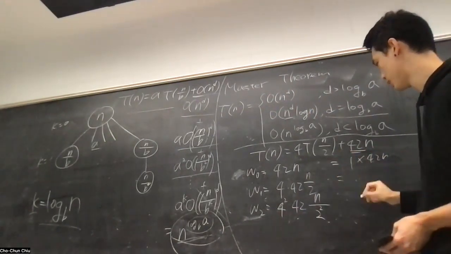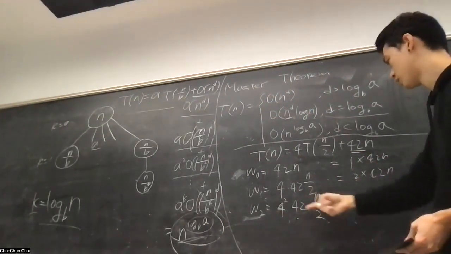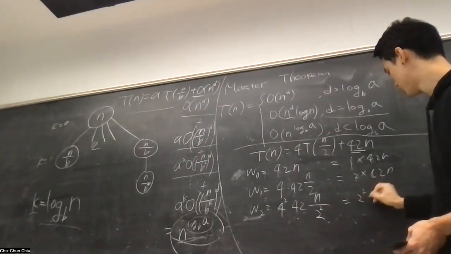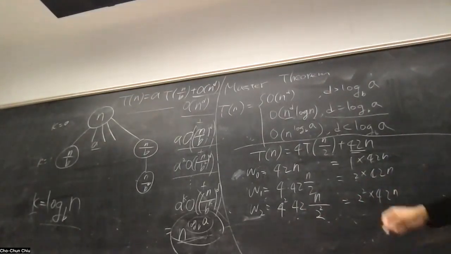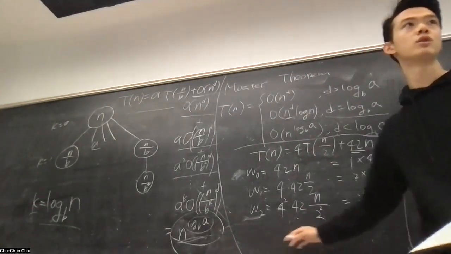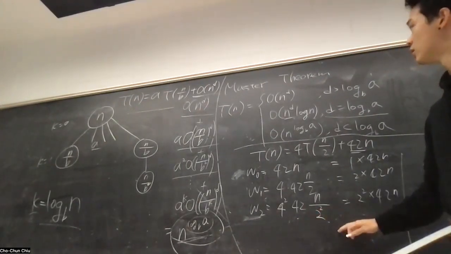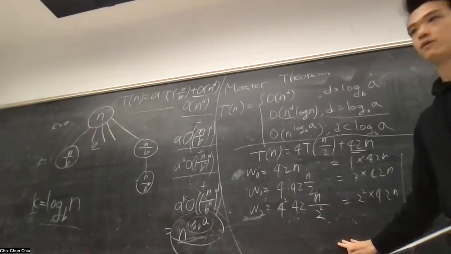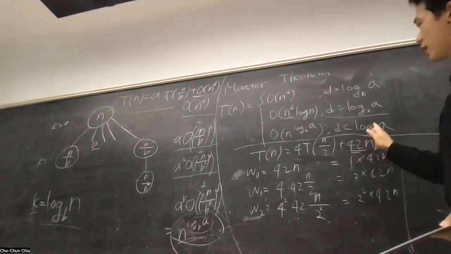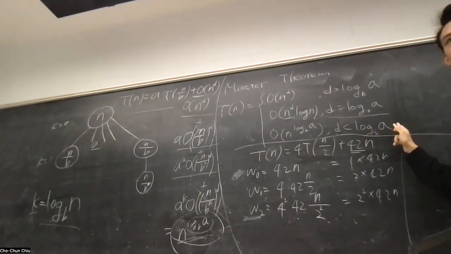This is going to be 2 times 42n. This is going to be 2 to the power of 2 times 42n. So see, the size of work is going to increase over time. So you can expect what will happen. Eventually, that probably falls into this category, right? Does that make sense?